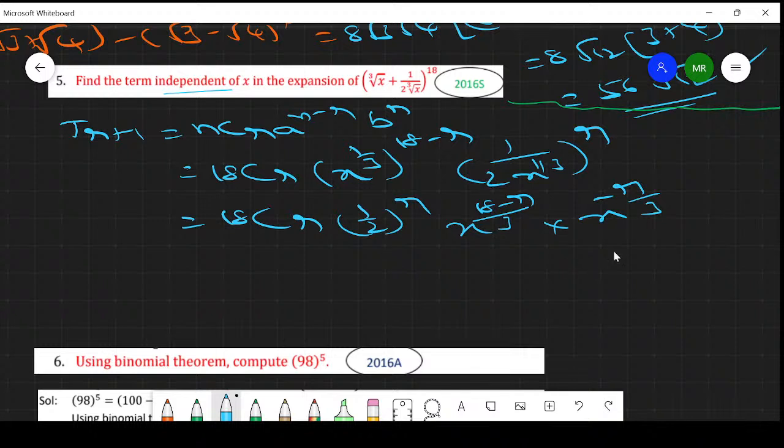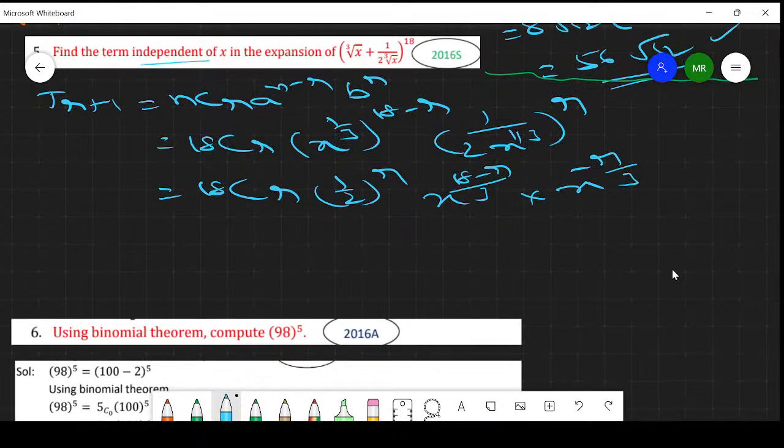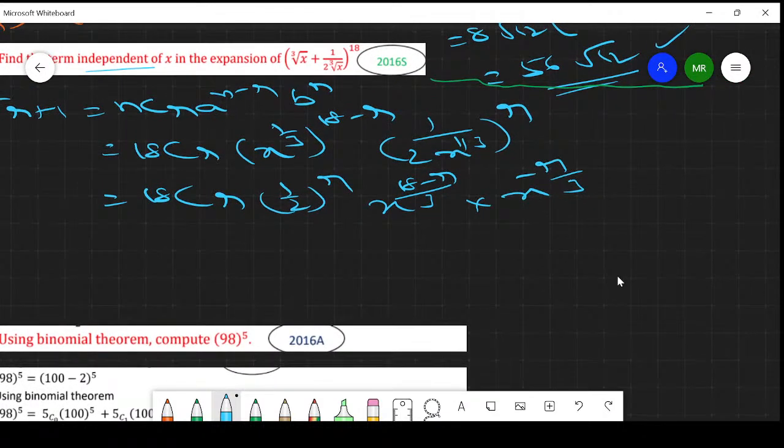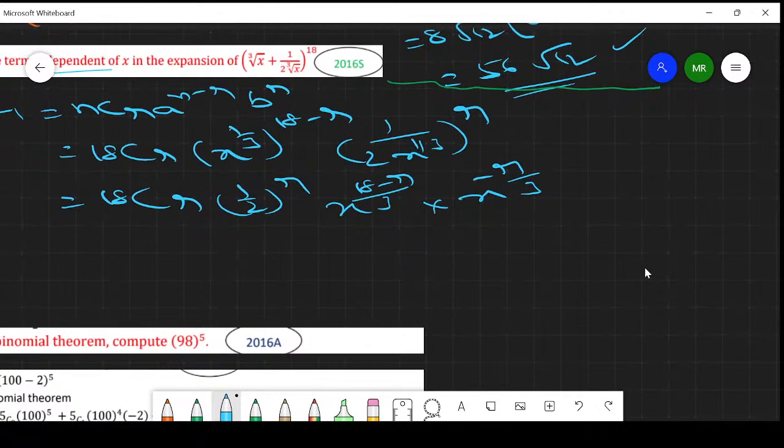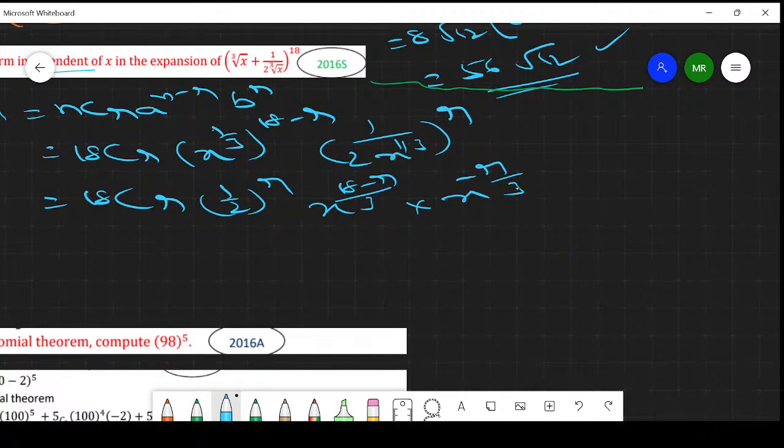Now, to get independent of x, see this again, this term I can write here, which is 18Cr, 1 by 2 whole power r, x power 18 minus r by 3 minus r by 3. If we add this one, 18 minus 2r by 3.